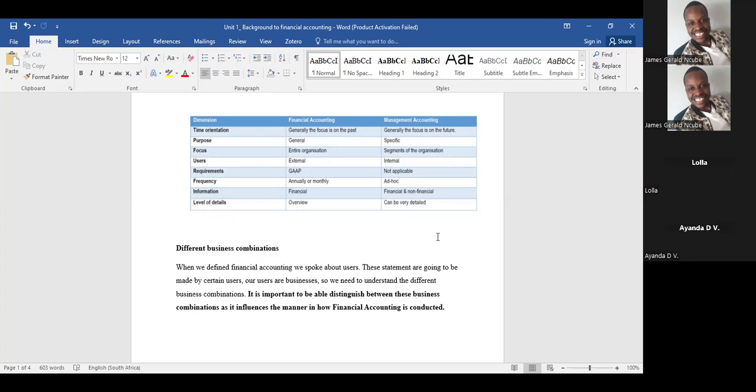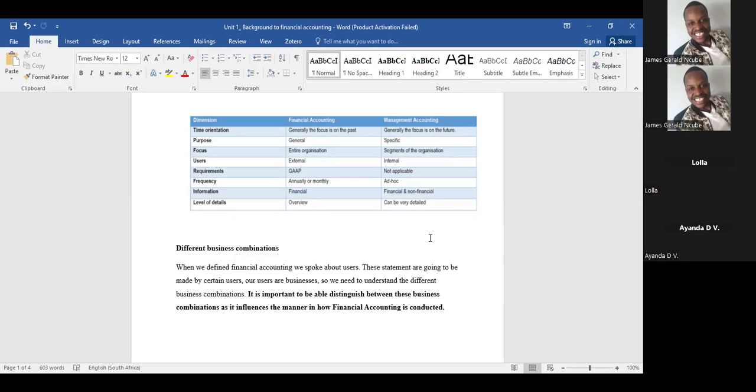The suppliers of an organization can make use of financial information. Why do they need that information? They need to know whether this organization is able to pay for what they are buying from them as suppliers, right? The government can make use of financial information. Why does the government need that information?